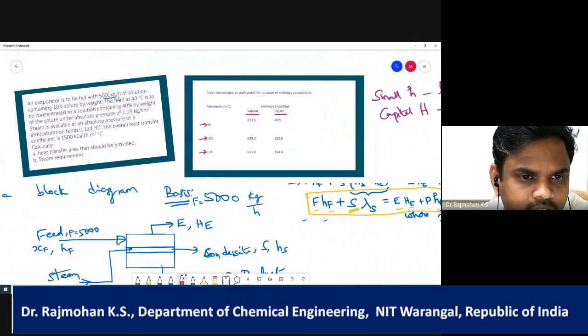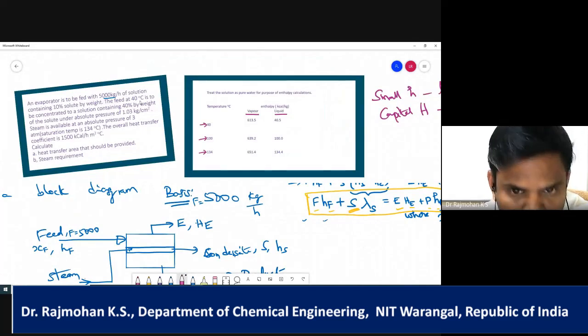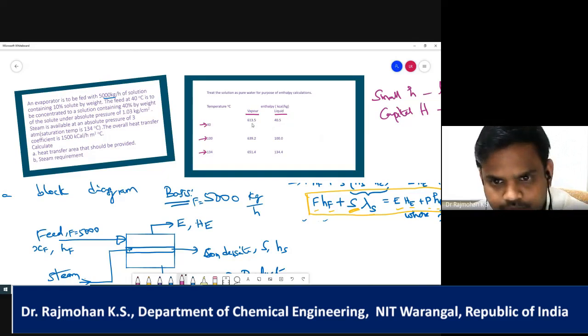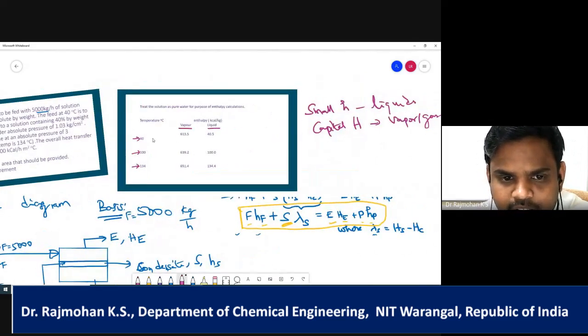An evaporator is fed with 5000 kg of solution containing 10% solute by weight. The feed is at 40 degrees Celsius. So heat associated with it is 40.5, or 613.5. So that way you remember capital H or small h.